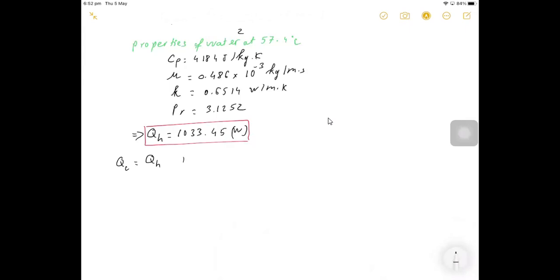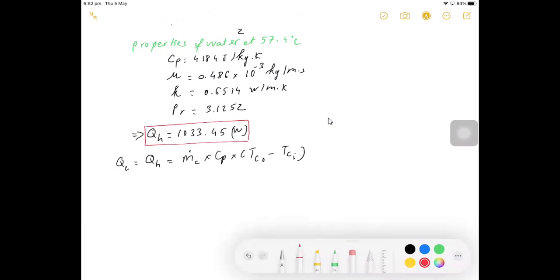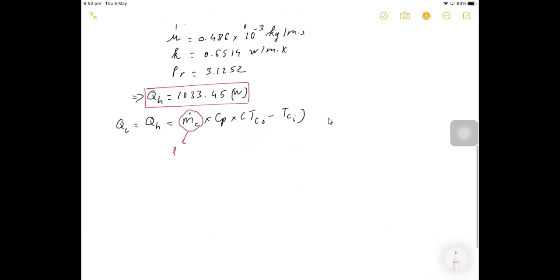It means you have mass flow rate of cold water times Cp of cold water times temperature of cold water out minus temperature of cold water in. The mass flow rate here is similar to hot water.